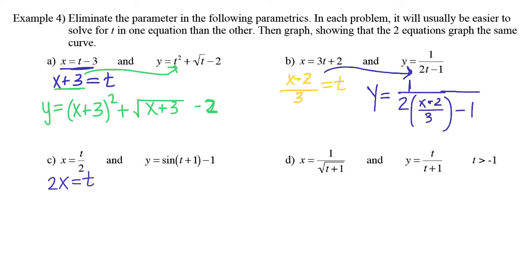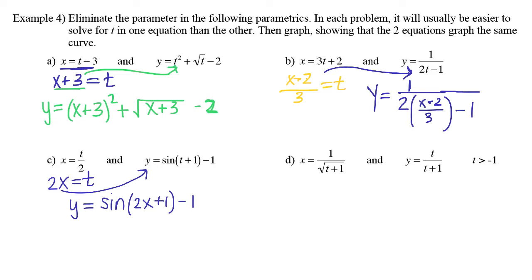And then I'm going to sub that in over here. So y equals sine of, and then that's going to be 2x plus 1, close the parentheses, and then minus 1. And that's all you need to do for that one.